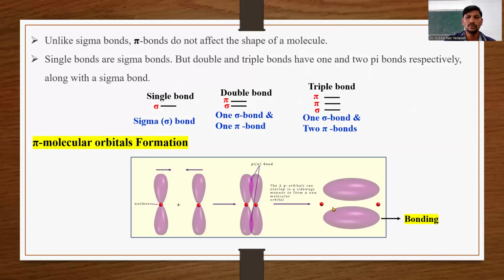Here the two formed are, one is a bonding molecular orbital and another one is the anti-bonding molecular orbital. Similarly, if four atomic orbitals are combined with each other, they form four molecular orbitals. Of those four molecular orbitals, two are bonding molecular orbitals and two are anti-bonding molecular orbitals.